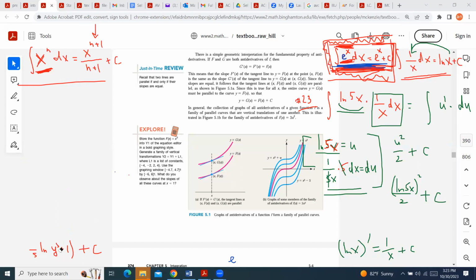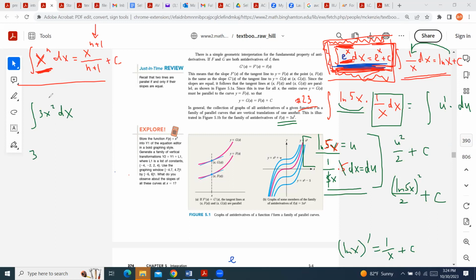So if they try to find the antiderivative of 3x squared dx, of course. So dx and the integral sign are always here with us. So that's what they're actually talking about, the 3x squared function.